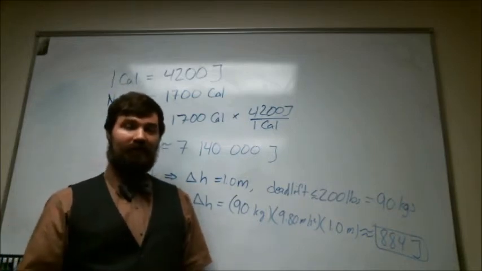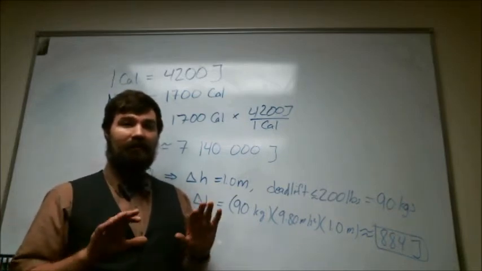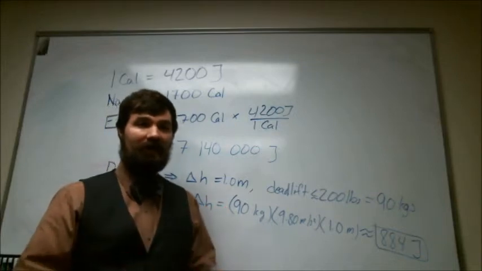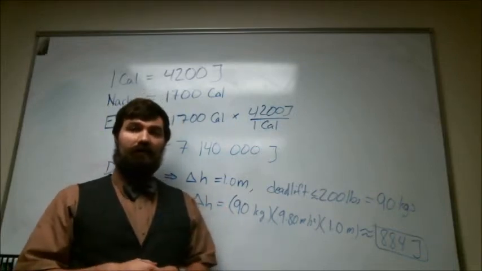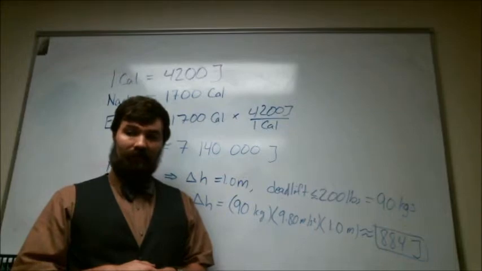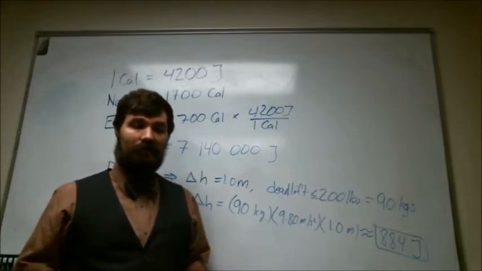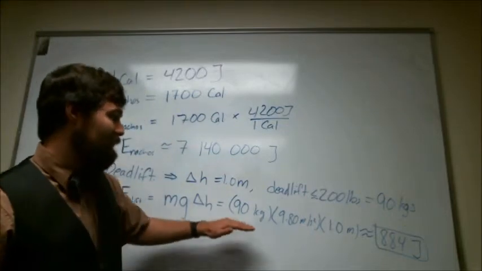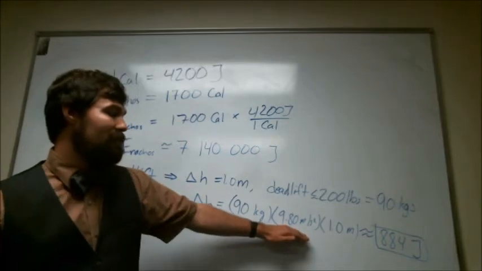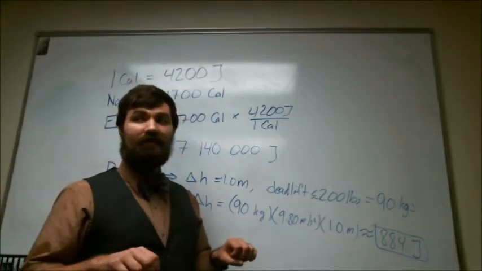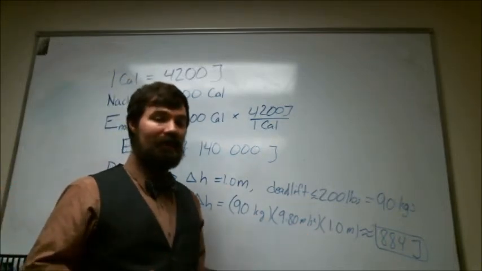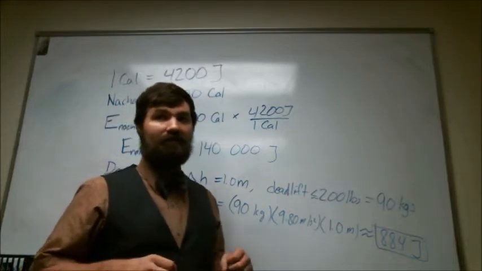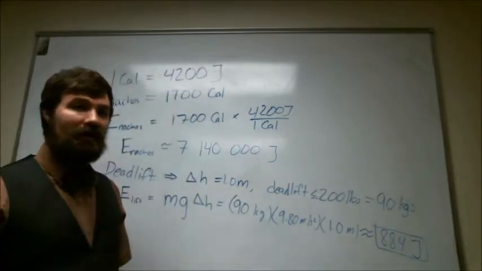One time because he's working against gravity going up, one time working against gravity going back down. Or in other words, he's still applying the 90 kilograms times 9.8 meters per second squared force as he's lowering the weight. It still takes some amount of muscle to lower that weight back down.